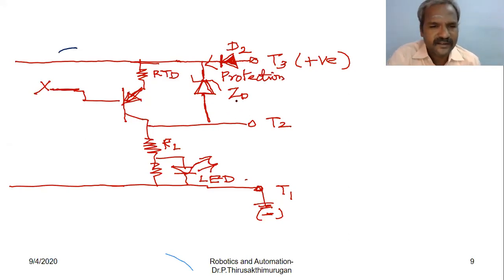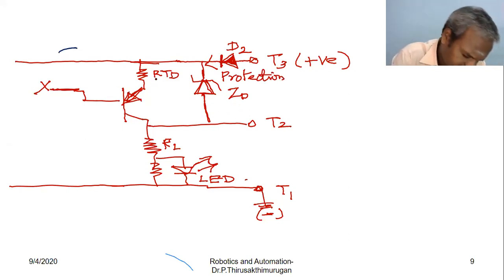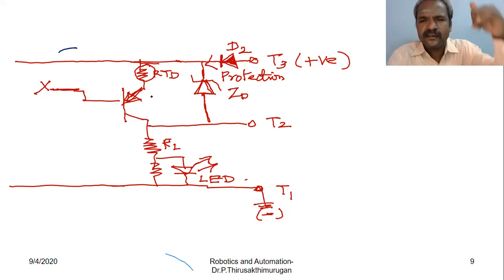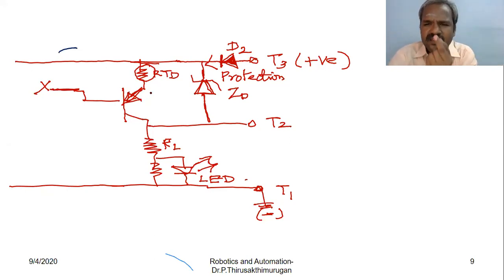RTD is also for protection. What is the concept of RTD here? When current increases, it passes through the RTD. It is not a big RTD like the ones we use in our laboratory. It is a small platinum element with about 100 ohms at room temperature.